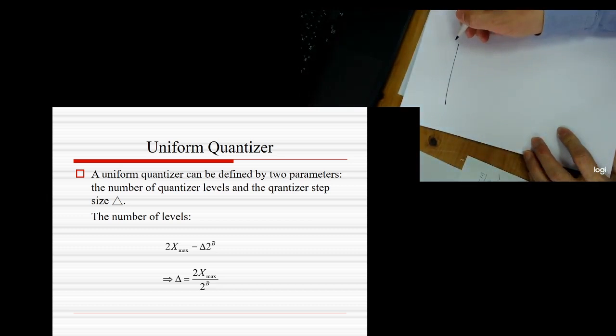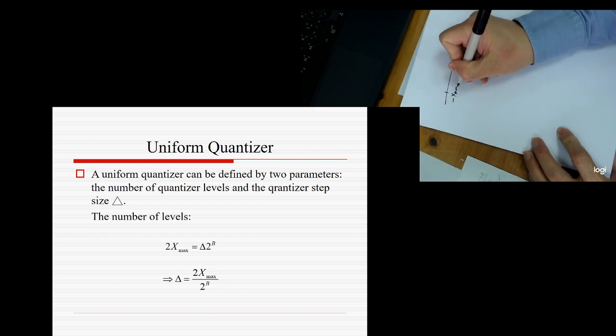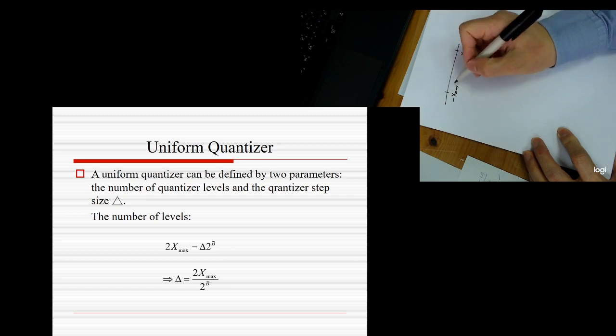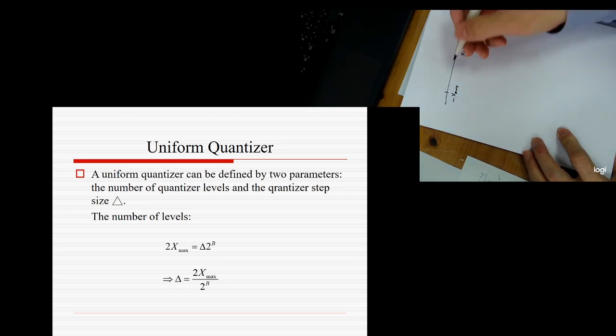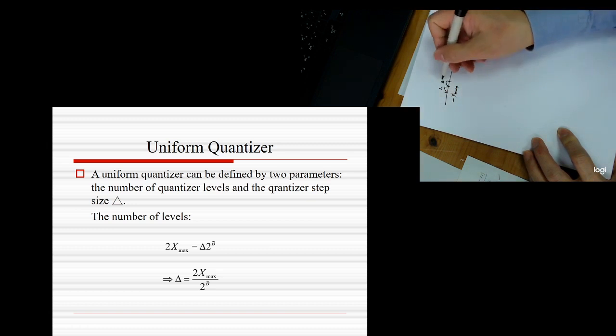Because this one is scalar, your input data dynamic range is minus s maxima to s maxima. Your total dynamic range is like this, and then your quantization step is delta. So how many levels do you have? The number of quantization levels will be 2 to the power b.